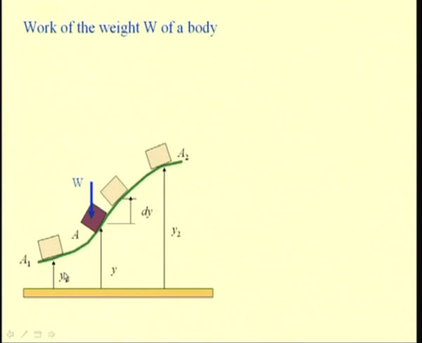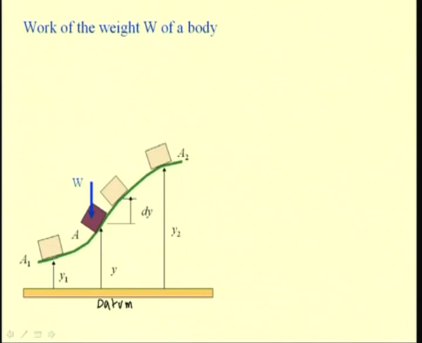Let us compute the work done by the weight of the body in raising the object. Here we see one path along which this body is being raised, from the position A1 to A2. At any position, the vertical displacement from the datum that we have considered, this is our datum, is given by this value y.